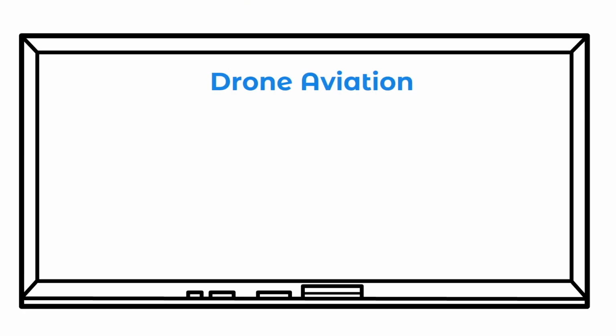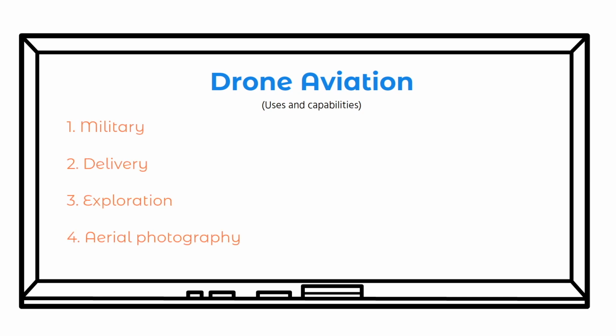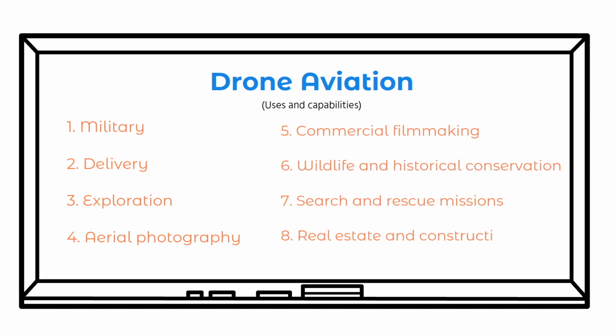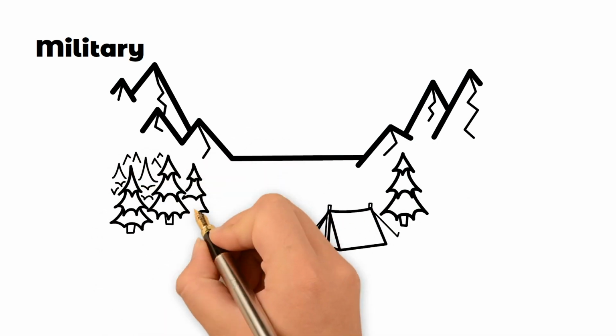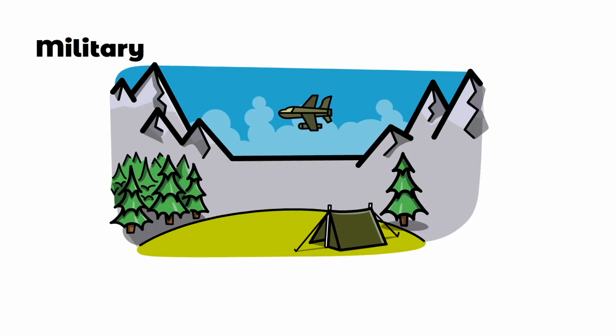Now that we've talked about the categories and weight classes, let's now talk about the different uses and capabilities of drones. Here is a list of industries where drones are commonly used. Military. Drones are used in situations where manned flight is considered too risky or too difficult.